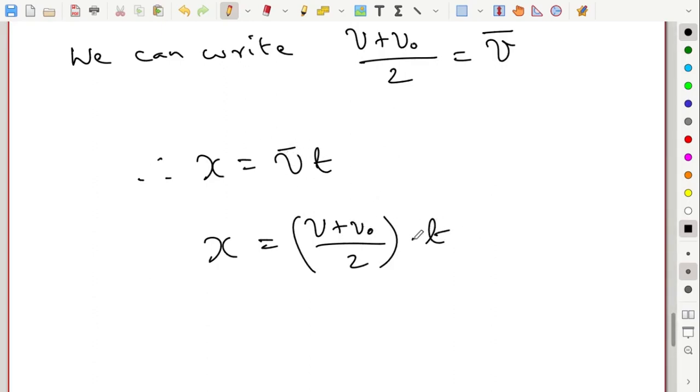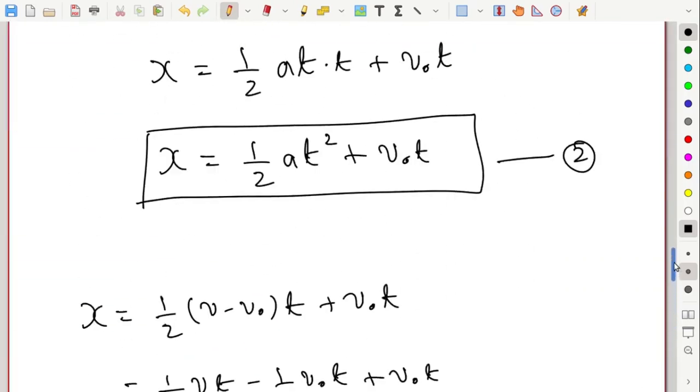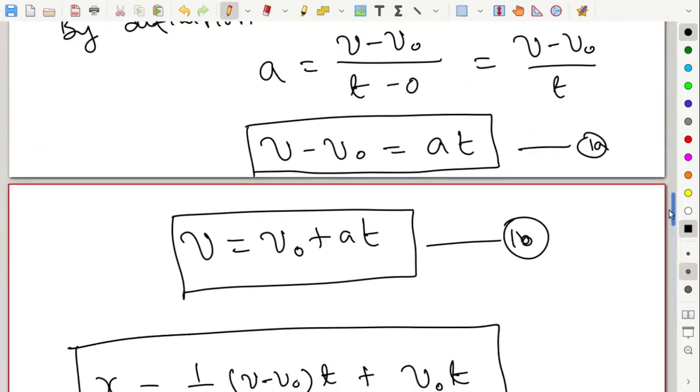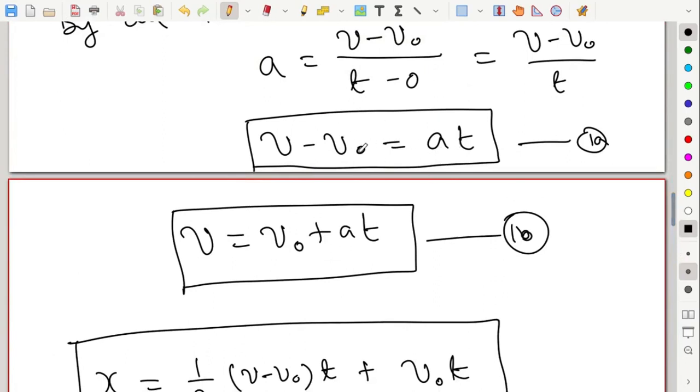Okay. So in order to find the third equation of motion, we have to replace this t from equation 1a. Okay. So 1a ல இருந்து t க்கு சால்வ் பண்ணி இங்க இடத்துல சப்ஸ்டிட்யூட் பண்ணுவோம். இந்த ஈக்குவேஷன் எடுத்துக்கிட்டு we can solve for t. Okay. இதுல இருந்து t கண்டுபிடிச்சா என்ன வரும்? v minus v naught divided by a னு வரும். Okay.